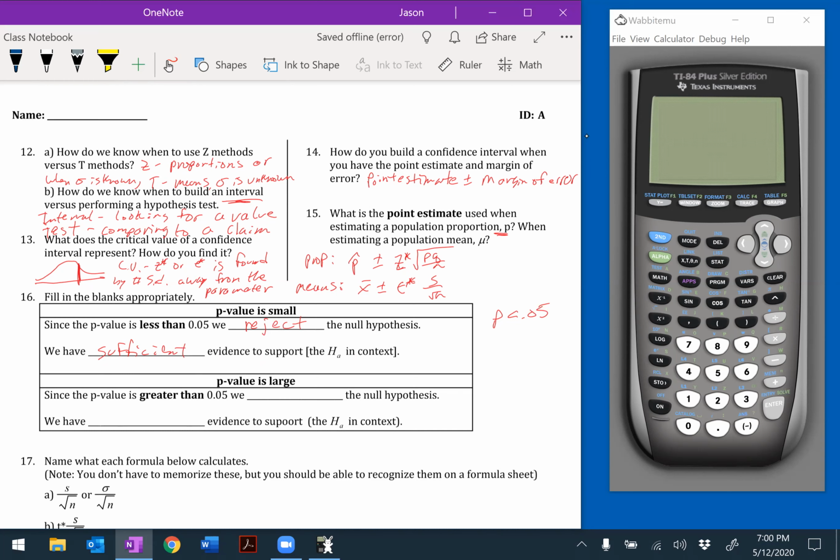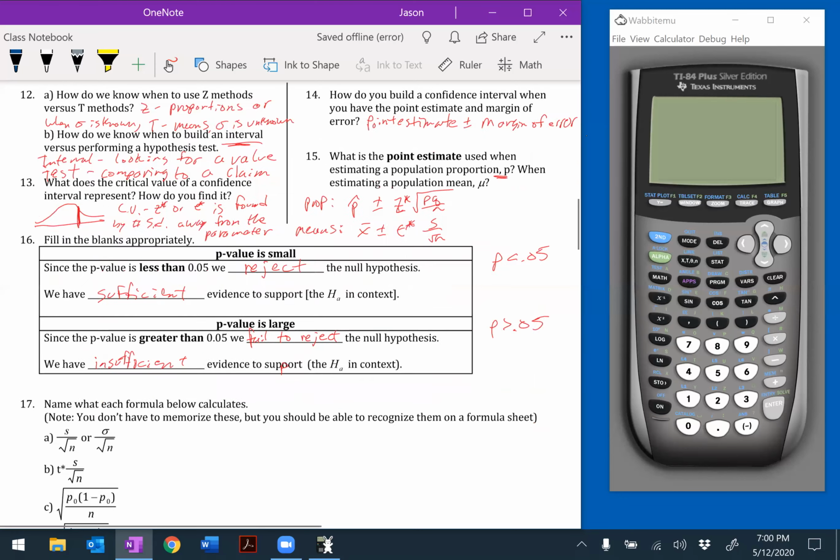If the p-value is greater than 0.05, we fail to reject the null hypothesis. We have insufficient evidence to support the alternative.